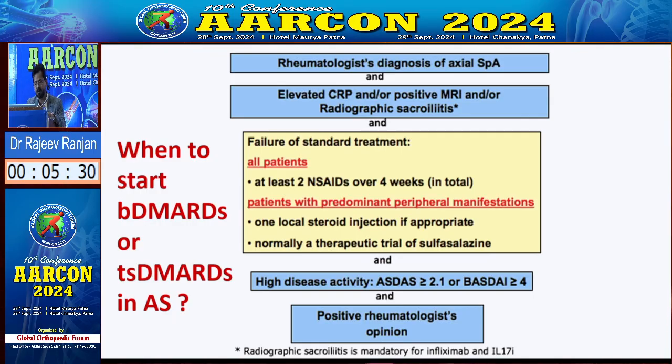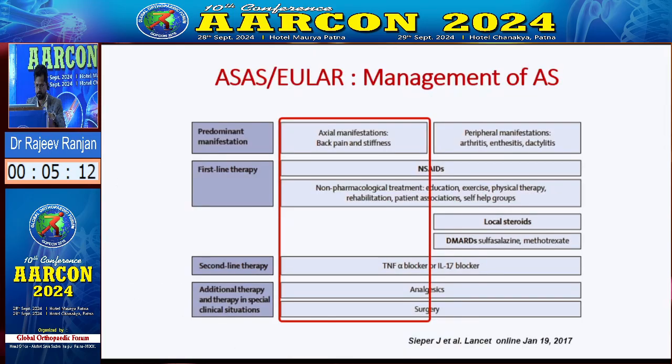For peripheral arthritis, you can use sulfasalazine, and one local steroid injection can be given. Even after that, if the patient has high disease activity, like ASDAS score more than 2.1 or BASDAI 4 or more, then you can start biological therapy.